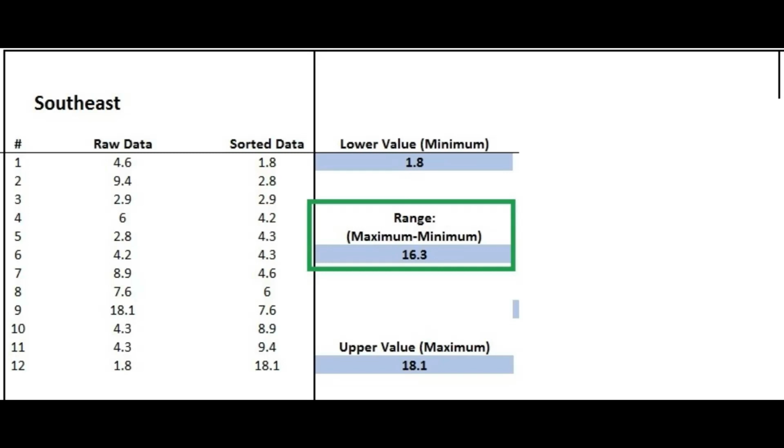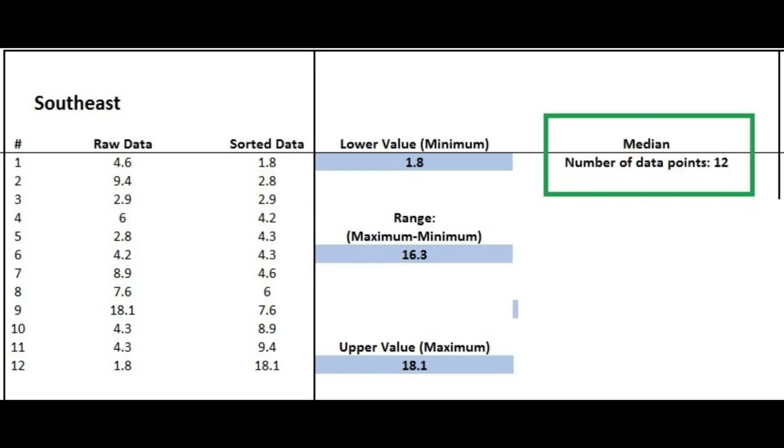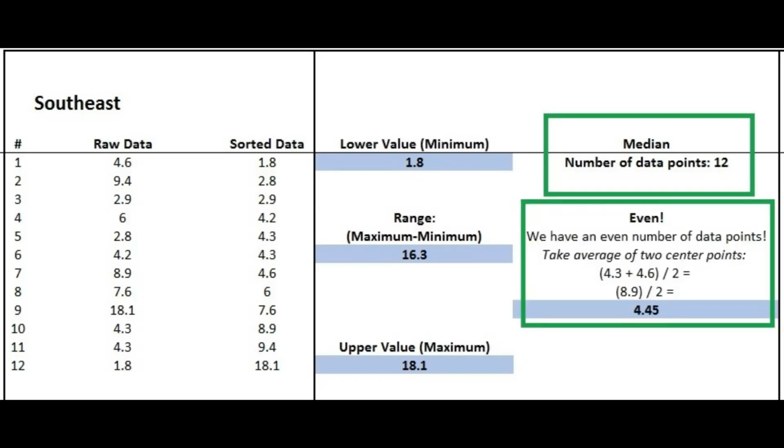And we can use this data to compute our median. That's always the easiest thing to do, and that's one of our first couple of steps. So we have 12 data points, and that's an even number. So we have to find the two center points. And in this case, the two center points here are 4.3 and 4.6. All right. And if you notice, I number mine.